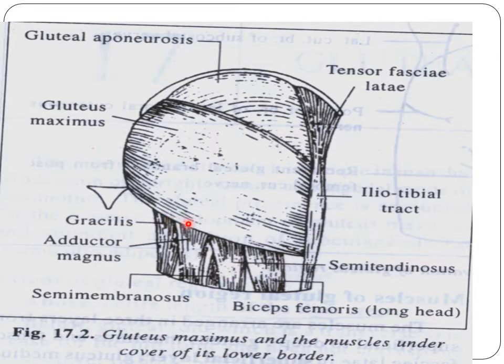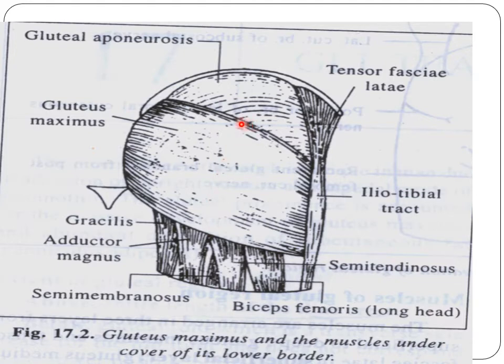So below the inferior border of the gluteus maximus, there are the origins of the hamstring muscles, and the gluteus maximus is directed downward and laterally. So these are the upper border and the lower border of the gluteus maximus.